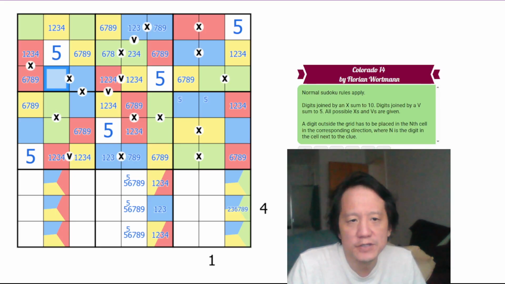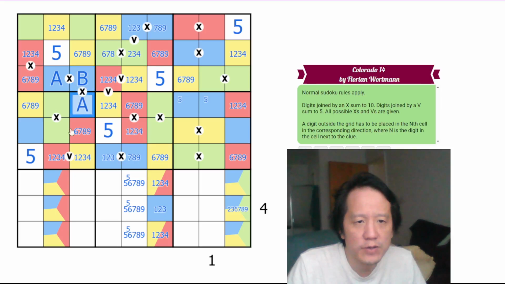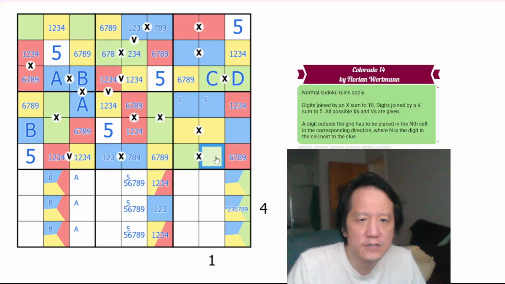Do we start making these A and B's? I don't know, maybe. A, B, A, this is B. So B has to be one of these letters. A has to be one of these. We're going to make this C and D. So this is D, this is C, which means C has to be one of these three. D has to be one of those three. We don't know the difference between these, though.